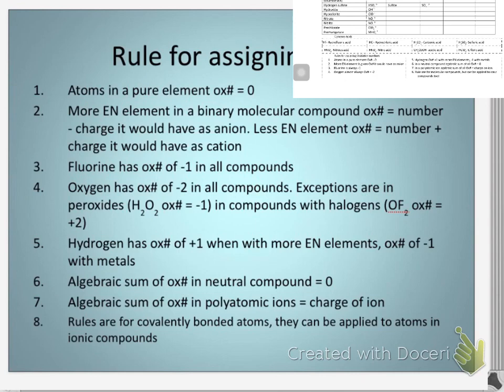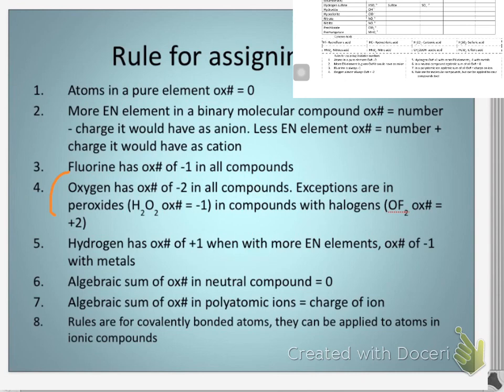Now, fluorine has a rule all to itself. Fluorine always has an oxidation number of -1. Always, which is convenient because that's also the charge it always has. So anytime you see fluorine, you can immediately plop an oxidation number of -1 on it. Oxygen, well, oxygen has an oxidation number of -2 most of the time.